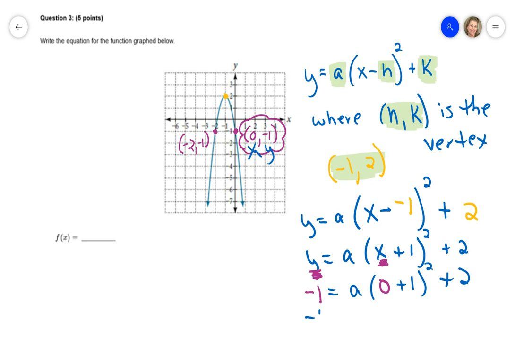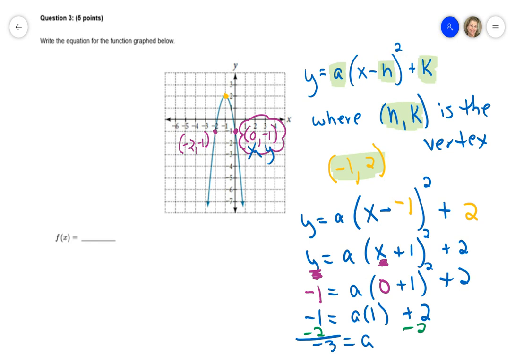And so I'll have -1 is equal to a times 0 plus 1 is 1, and 1 squared is 1. And now all I will have to do to solve this is subtract 2 on both sides. And I get -3, and a times 1 is a.